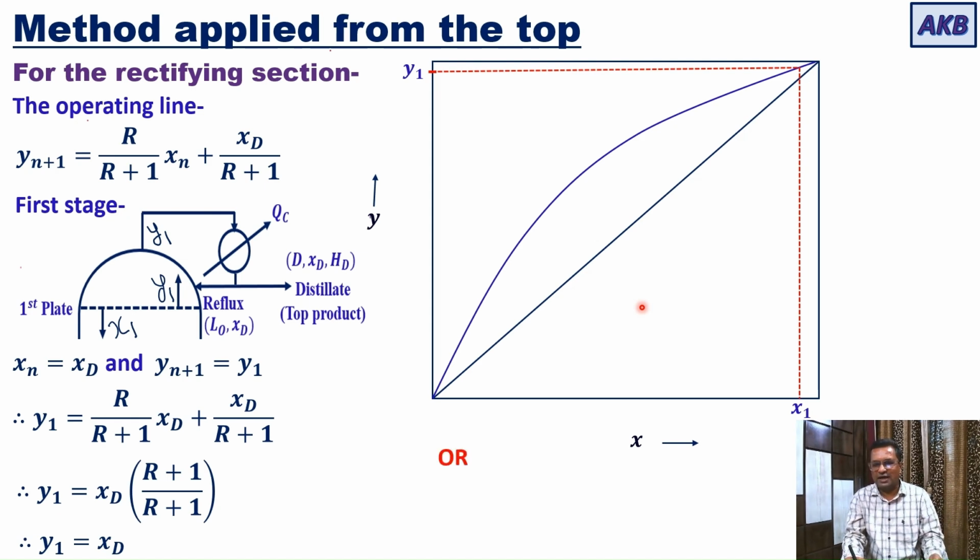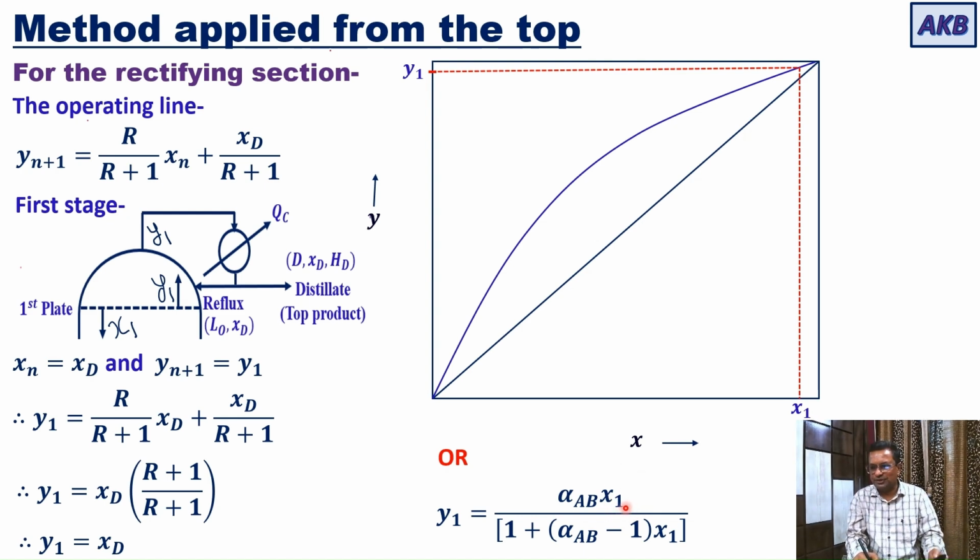Or you can use the equilibrium relationship: y1 is equal to alpha AB x1 divided by 1 plus (alpha AB minus 1) into x1. Here y1 is known to you, alpha AB is known to you, and x1 is unknown, so you can get x1.